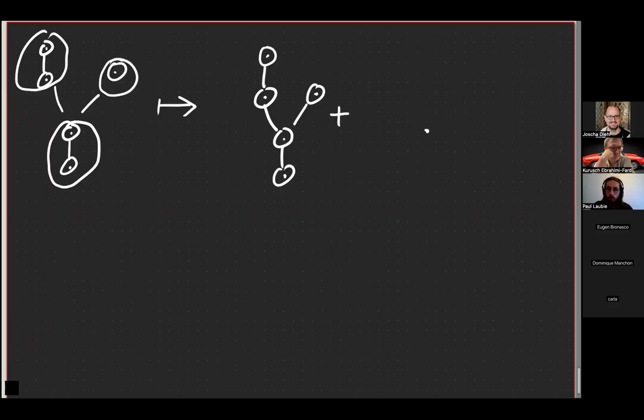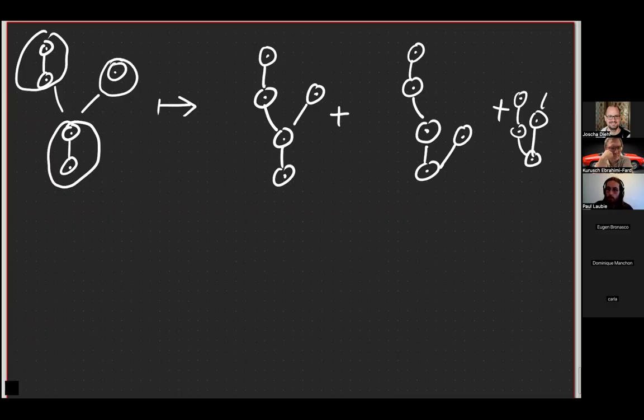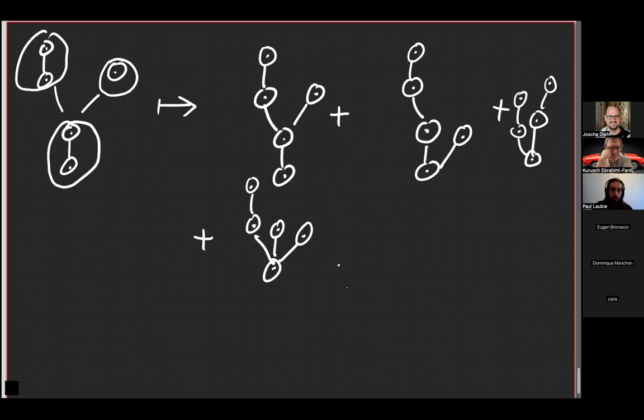I always have this small one here, but now maybe I can graft this here and this here. Or I can graft the other way around, with this one here. And I can also graft everything at the root.